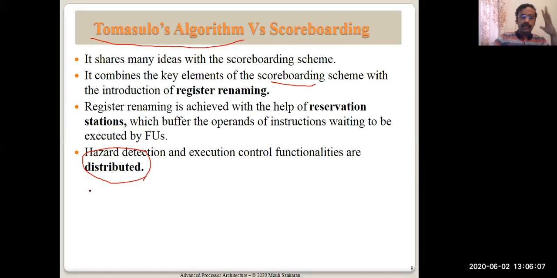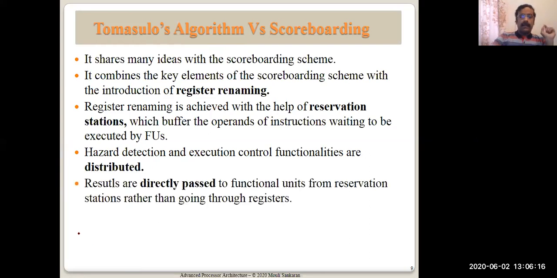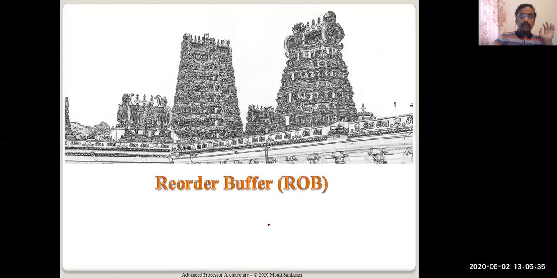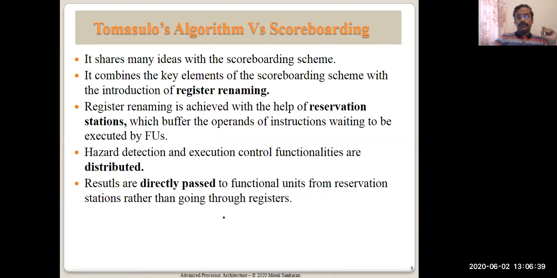Okay, don't think that distributed means it is in one computer in another country. It's in the same CPU, but it's all handled by different circuitry in the system. Results are directly passed to functional units from the reservation station. So results, even operands, are passed from the reservation station rather than from the register set. I told you that also when I was explaining the Tomasulo scheme. So that's all. I hope you understood this.